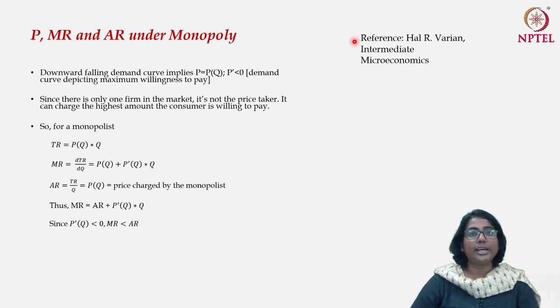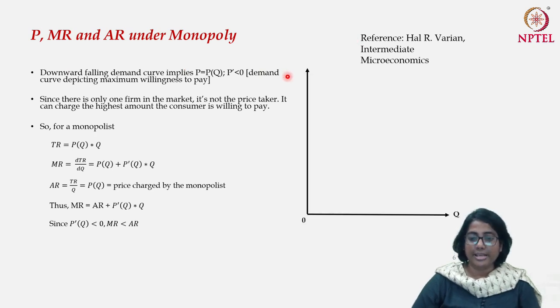So let us look at the equilibrium that you have in monopoly and how there is a deviation from the equilibrium that you had already obtained in the context of perfectly competitive market structure. So we start with the downward falling demand curve in case of the monopolies. For the monopolies, this is similar to the perfect competition. This is nothing new.